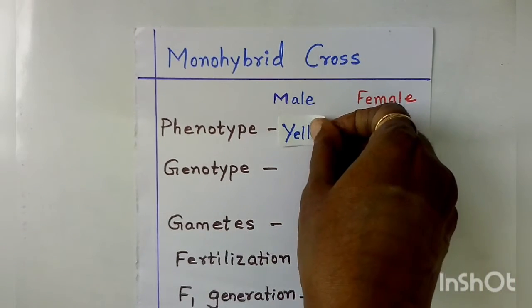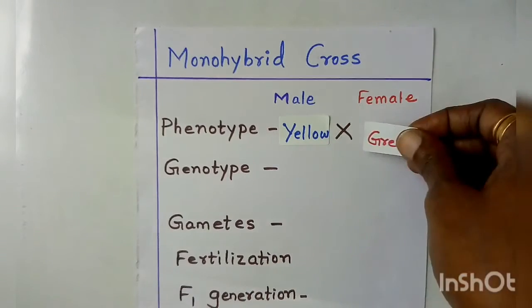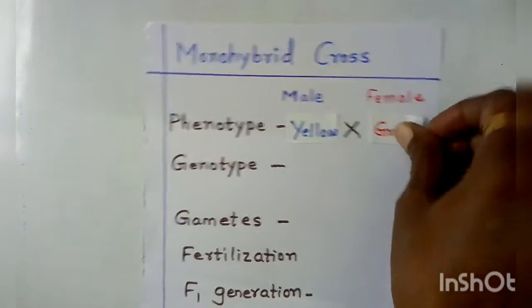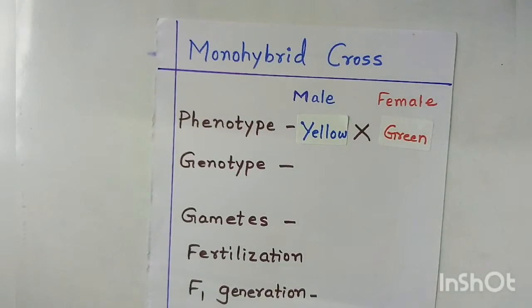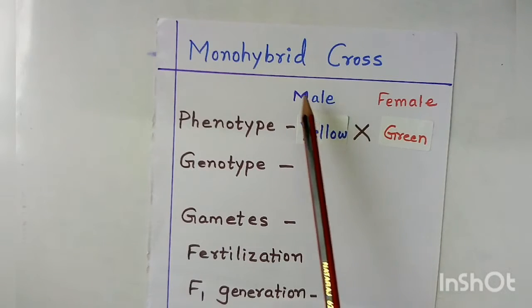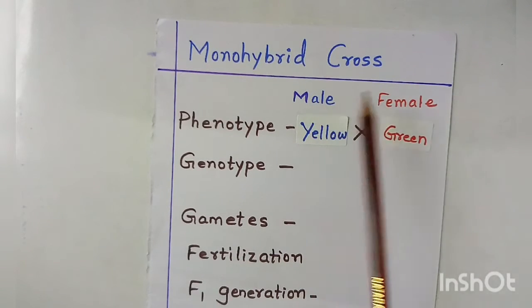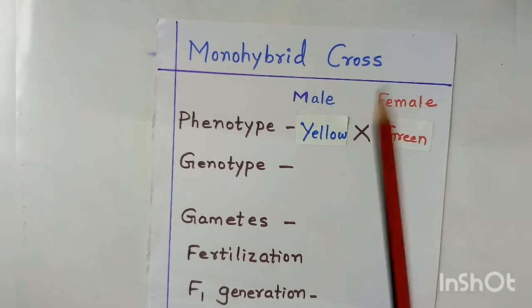So one is yellow color and the other parent is a plant with green color seed. The most important thing is, for any cross, parents are required. One has to be male and the other has to be female.